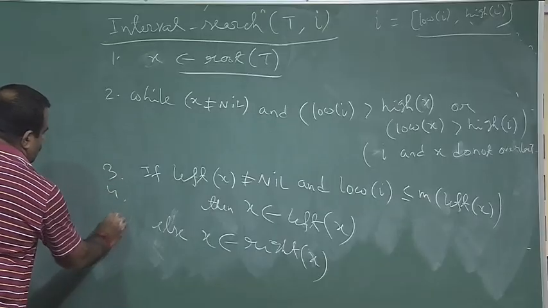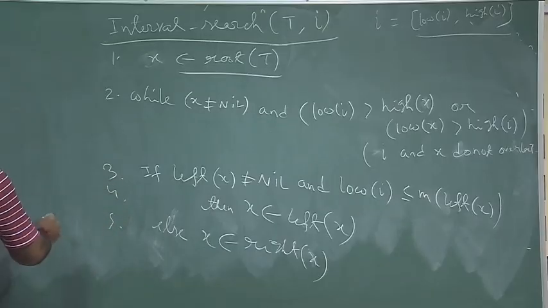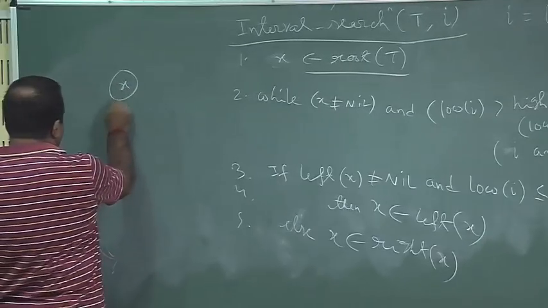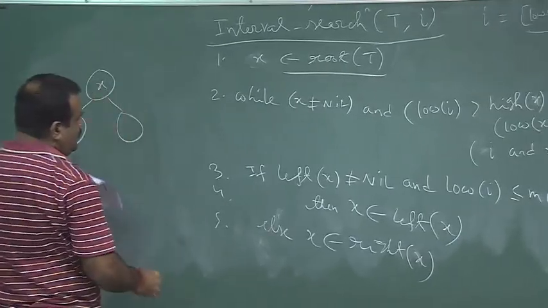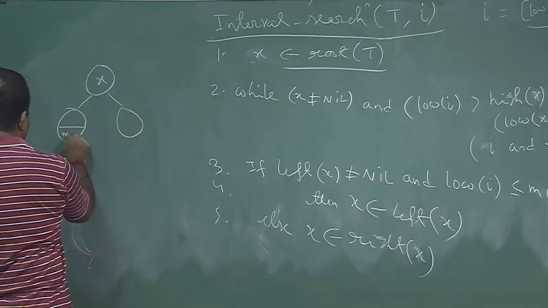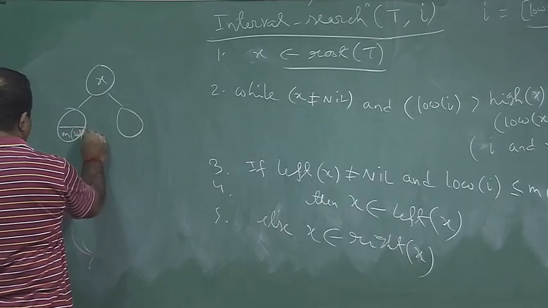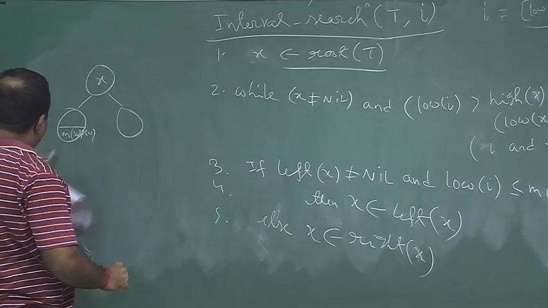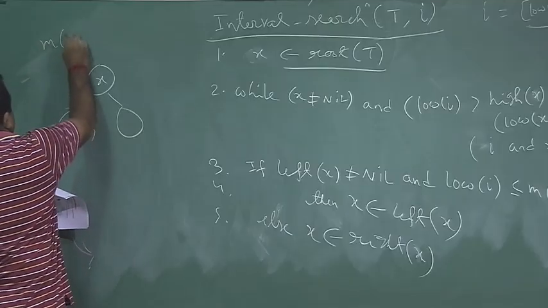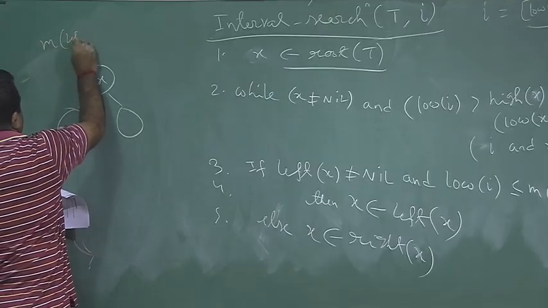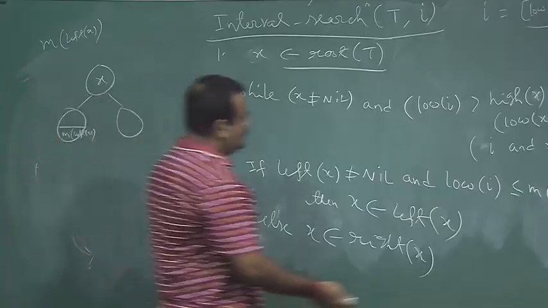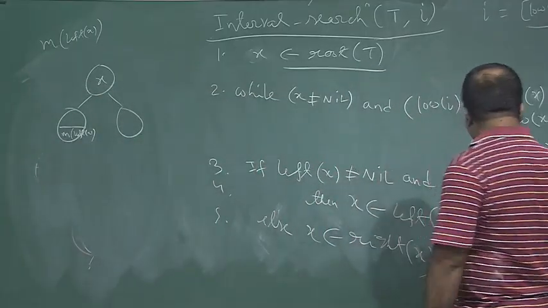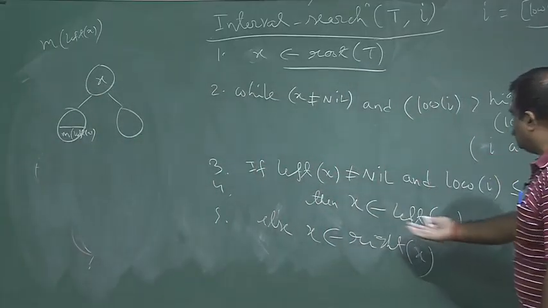Okay. So, suppose this is our x, and this is our m of left of x. If low of I is less than or equal to m of left of x, then we will go for left.